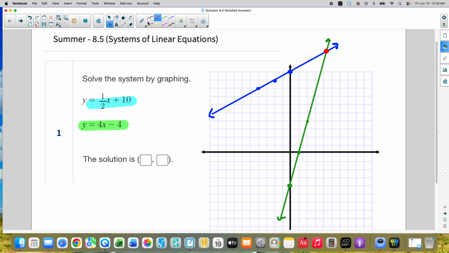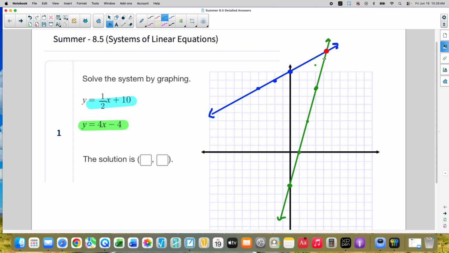So now we have to sort of make an approximation. So we could do up 4, right 1, 1, 2, 3, 4, right 1.